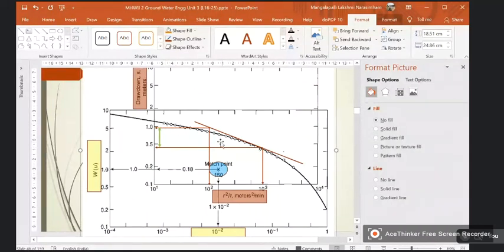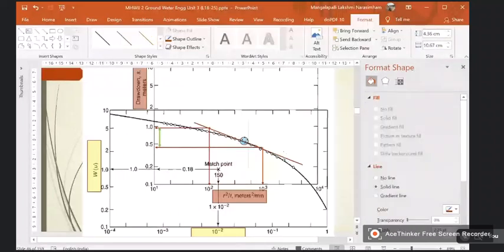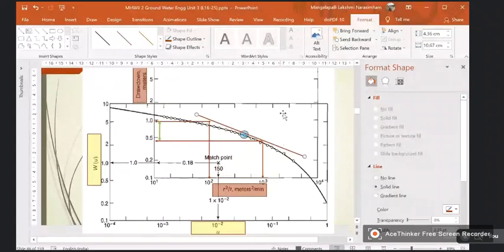So now I considered some convenient point here, and there I had drawn the tangent.